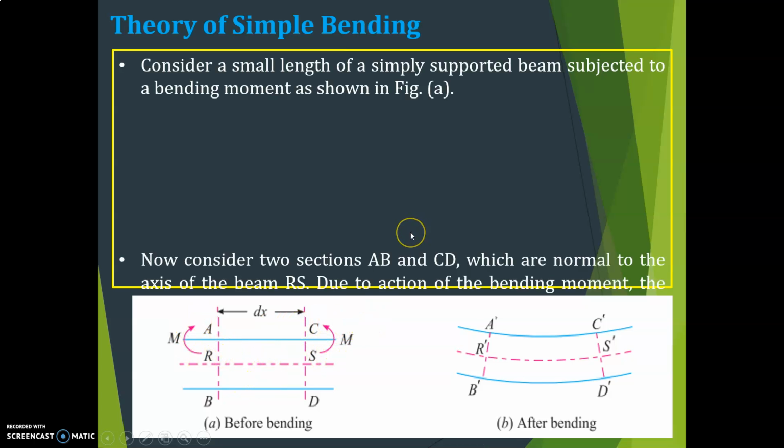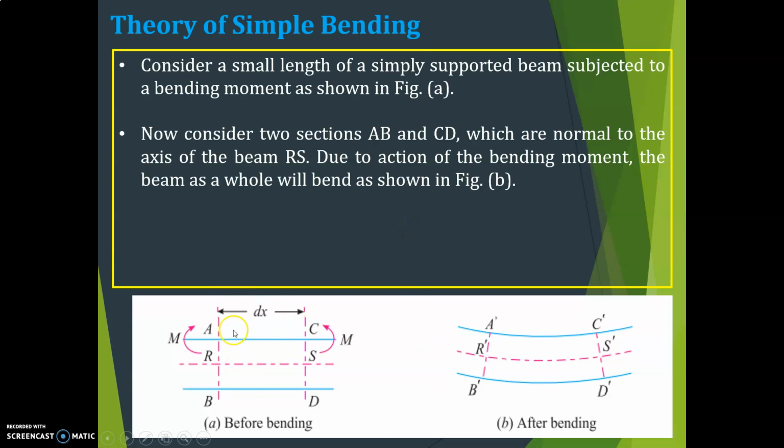Now let us consider the two sections AB and CD, which are normal to the axis of the beam RS. Due to the action of the bending moment, the beam as a whole will bend as shown in the figure. You can imagine that when you apply the bending moment in this direction, the beam bends like this.